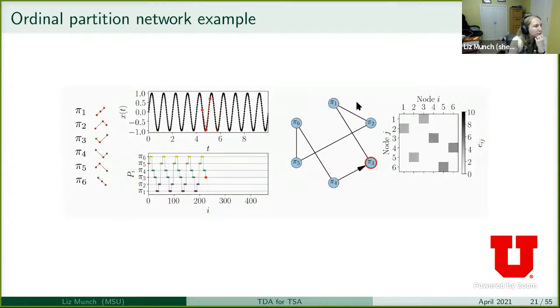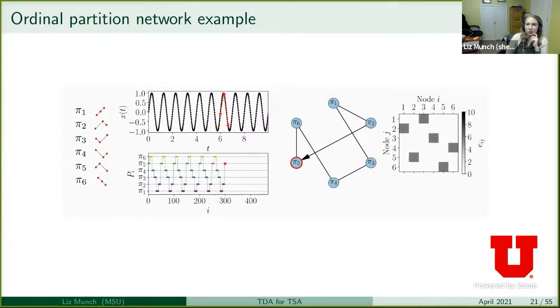For this particular point in my embedding, I have middle, lowest, highest, which is pi3 under whatever this ordering is. And so this particular point gets associated to this node, which is pi3. Then if I pass a little bit further along, this is going to go from pi3 probably to pi1, and we're going to end up moving from one of these vertices to the next.